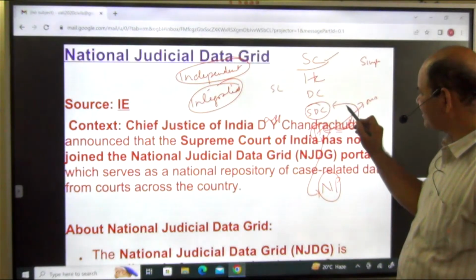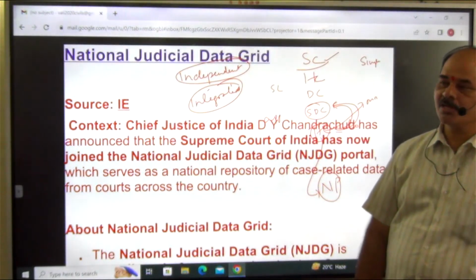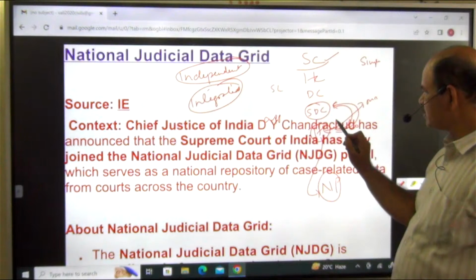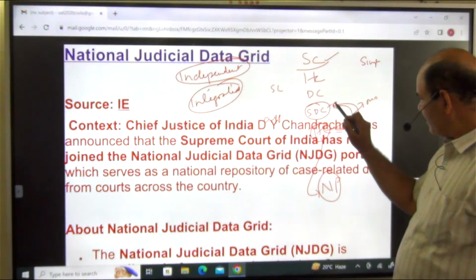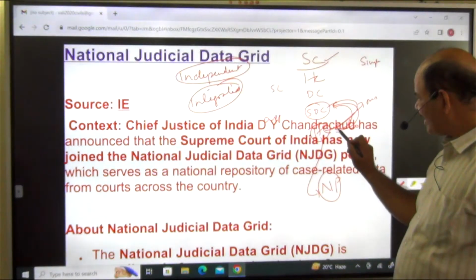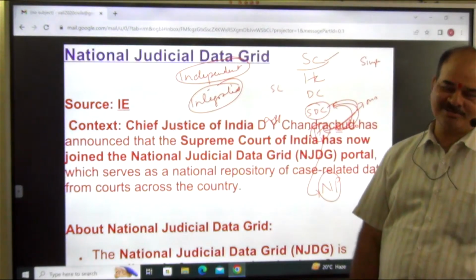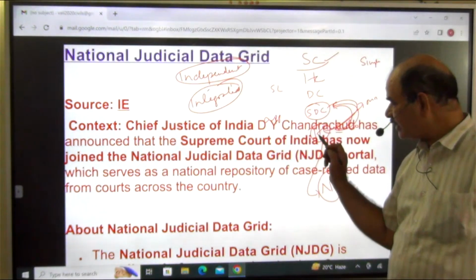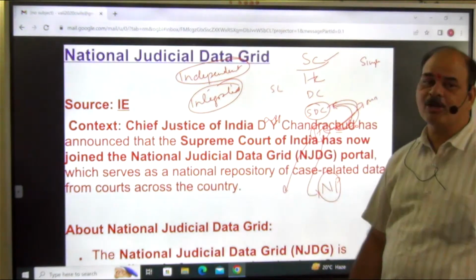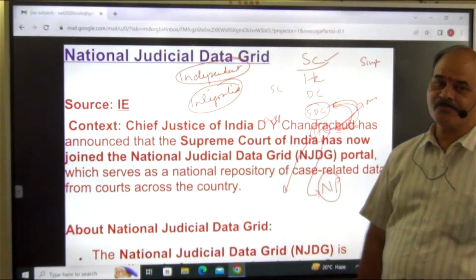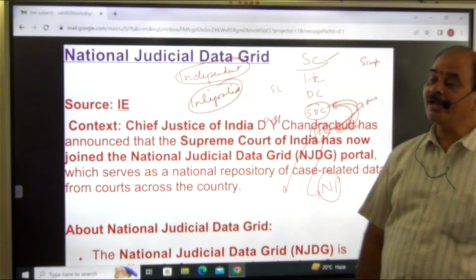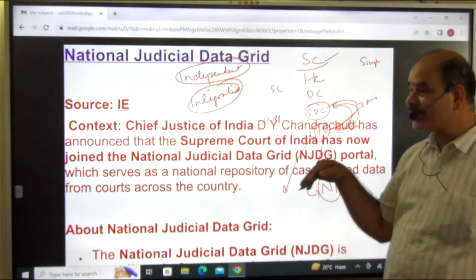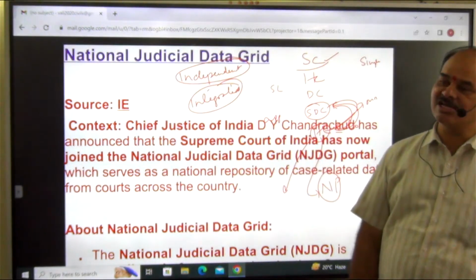We just cite the case number. Automatically, the total information with regard to my case is available in the portal. Earlier, we used to wait for a long period until we got a certified copy from the lower court. So it was also resulting in a delay of the judgment.